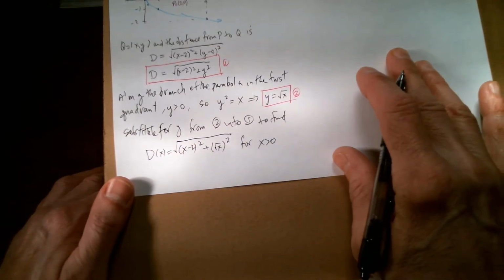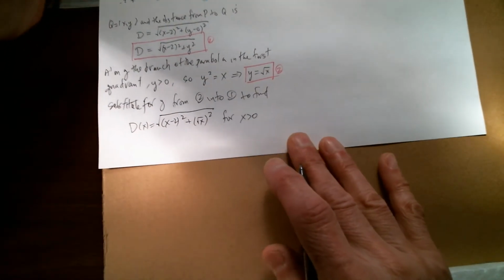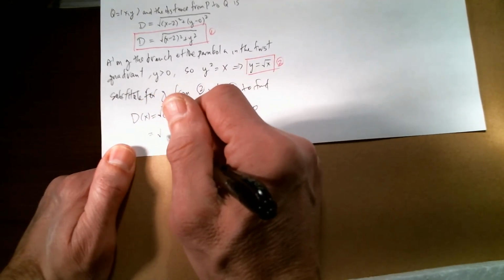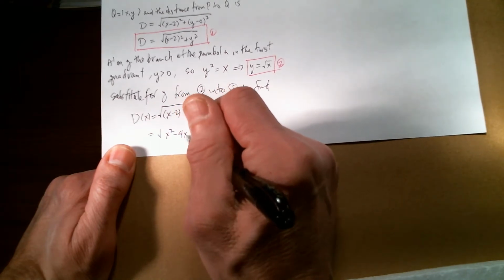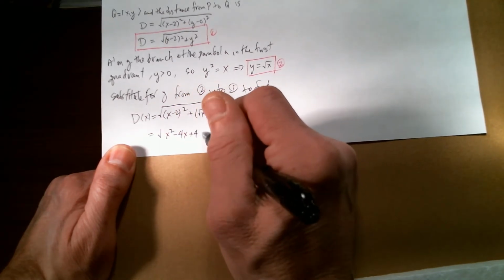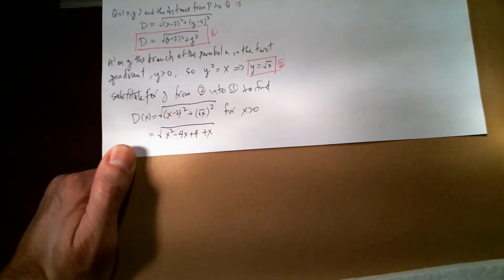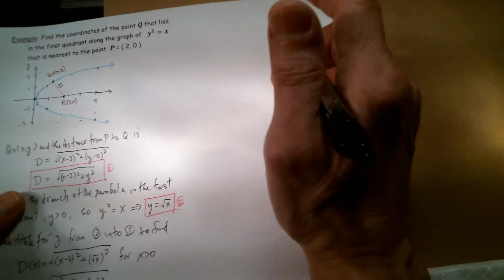And of course, we could simplify this formula a little further if we simply expand under the radical sign. We would have x squared minus 4x plus 4 plus x. Okay, and so therefore, let's write it over here now.